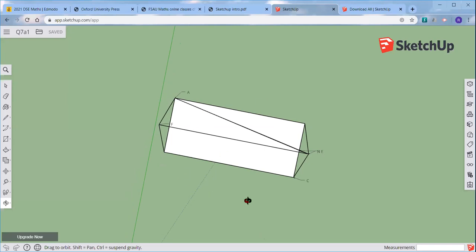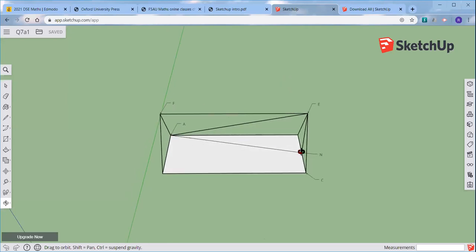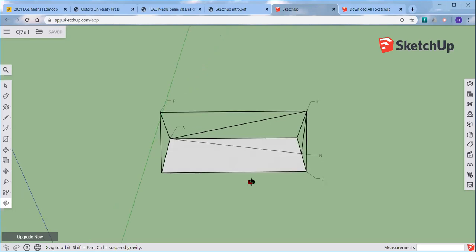You cast the light onto this rectangular plane, and the shadow is the projection of the line. If you have the line AE, imagine what the shadow of AE is on the ground.